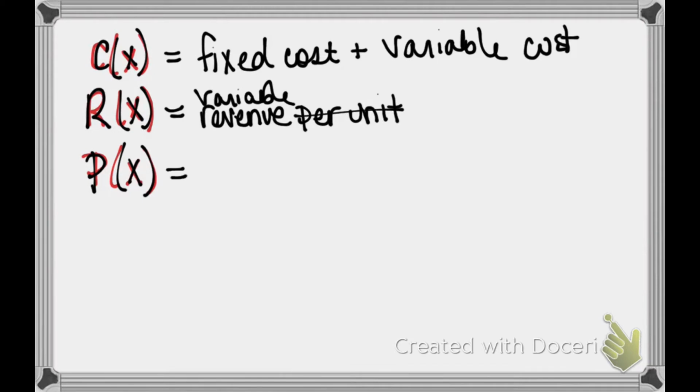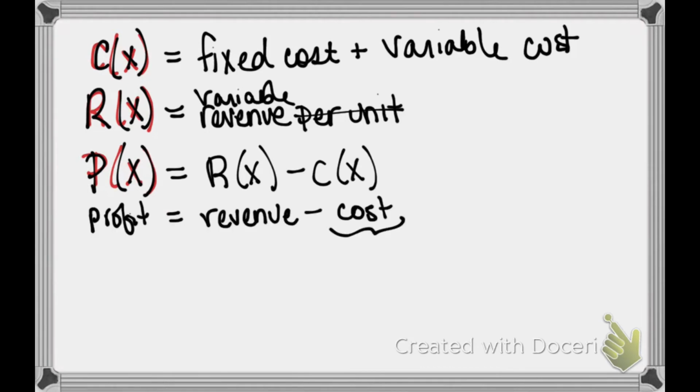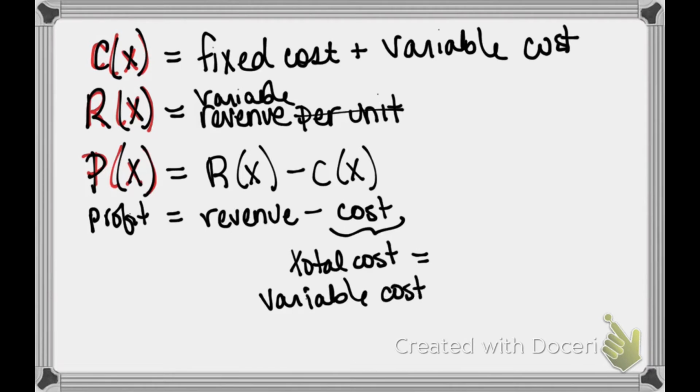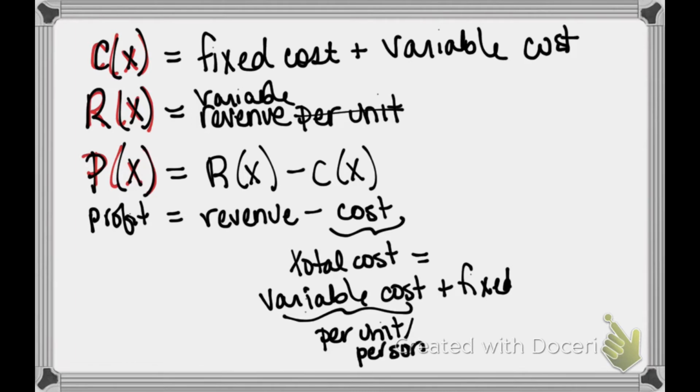And the profit is equal to your revenue minus your cost. And remember, this cost is total cost. That's equal to your variable cost plus your fixed cost. Okay, so what do I mean by that? For example, if it's a cost per unit or per person, then that's your variable cost.